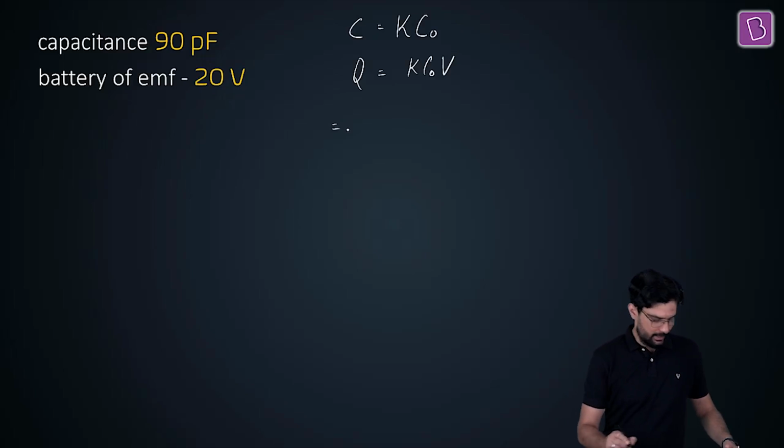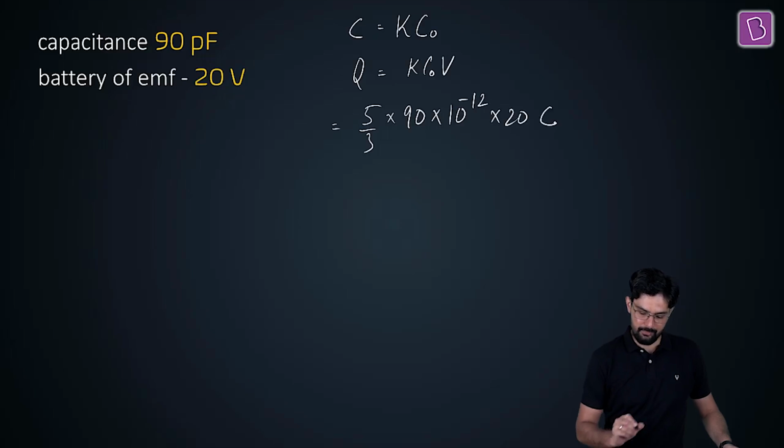The value of K is 5 by 3. So 5 by 3 into 90 picofarad, that is 90 into 10 raised to the power minus 12, into 20 coulomb is the magnitude of the charge.